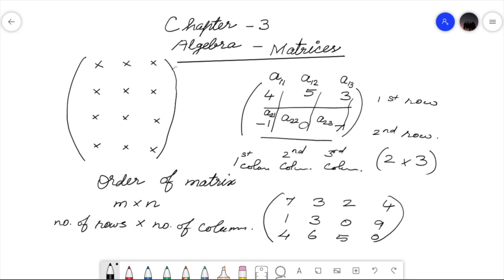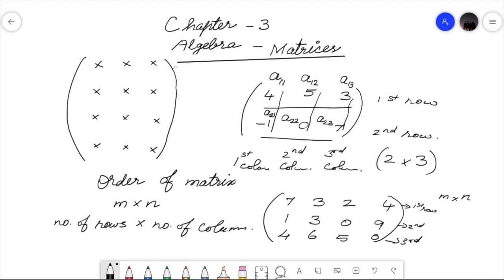And tell me the order of this matrix. Order of the matrix is M cross N, isn't it? What is M? How many rows are there? This is first row, this one second, and this one third.